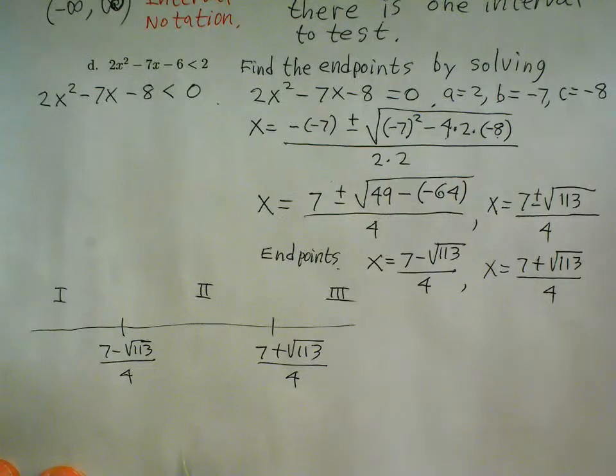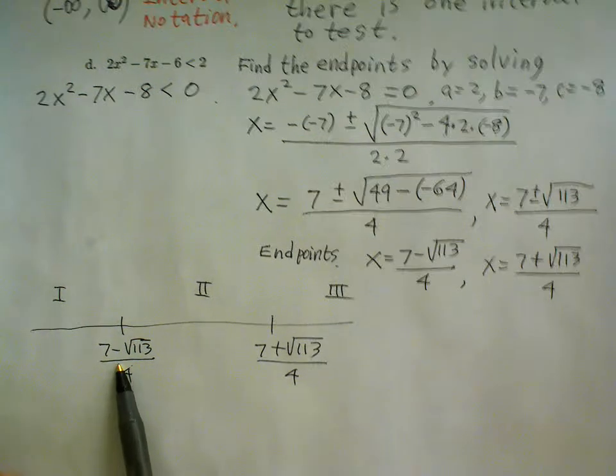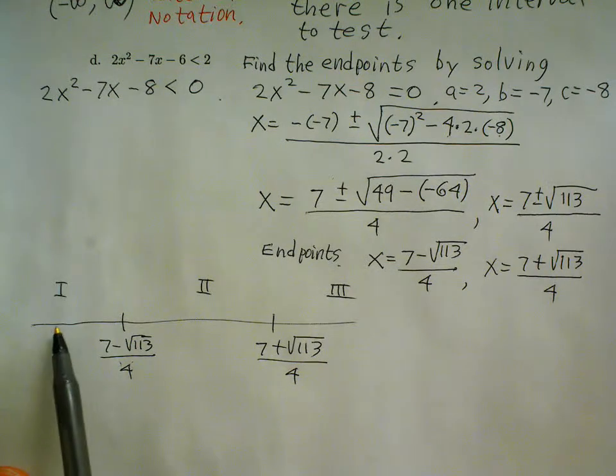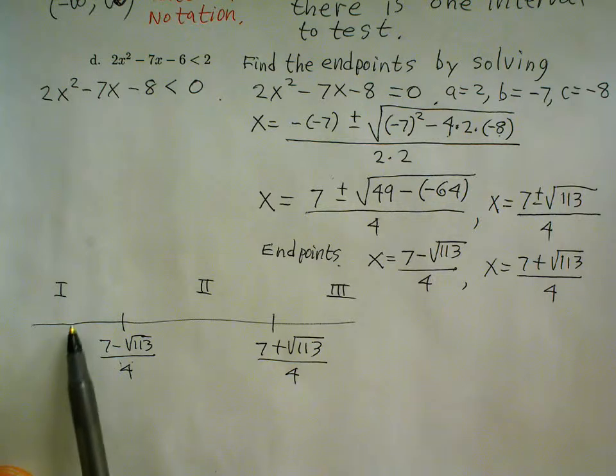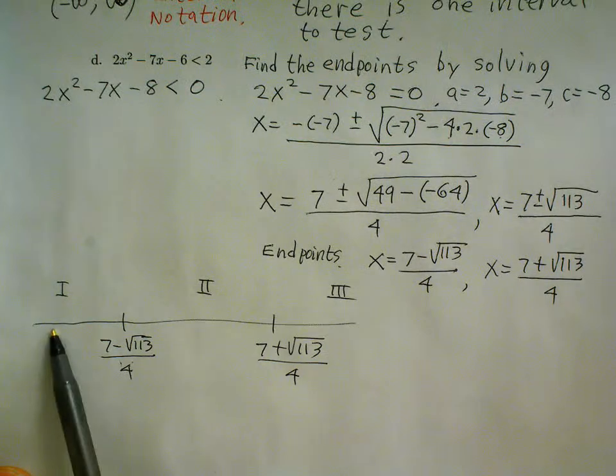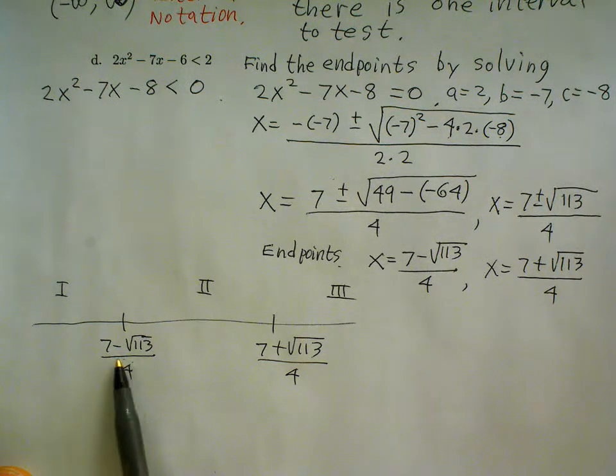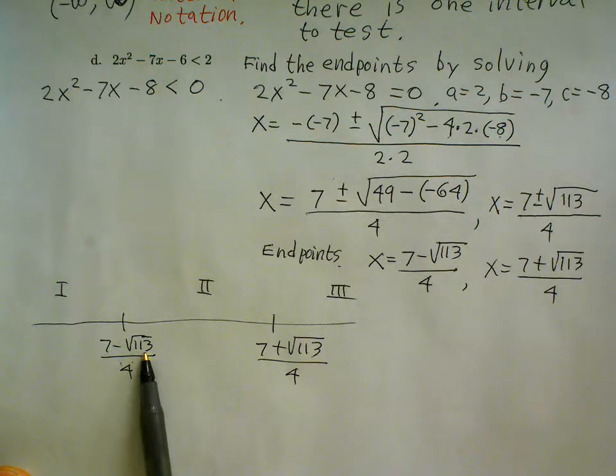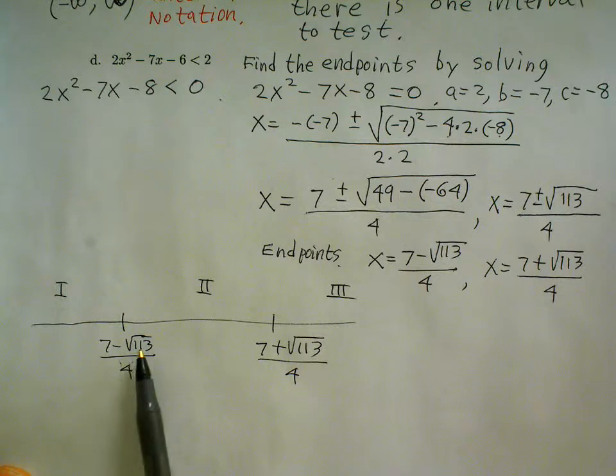One of the things to watch out for when you're picking a test point from an interval, you'll want to make sure that the point really is in that interval. So the square root of 113 is between 10 and 11.